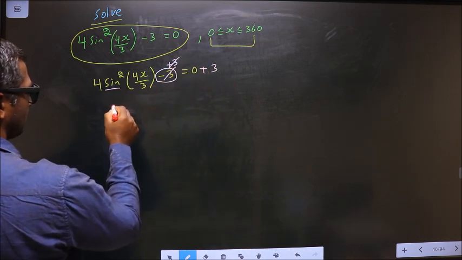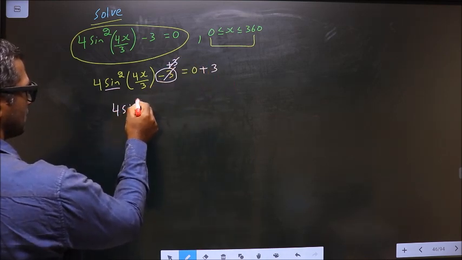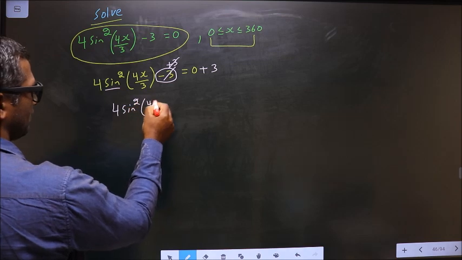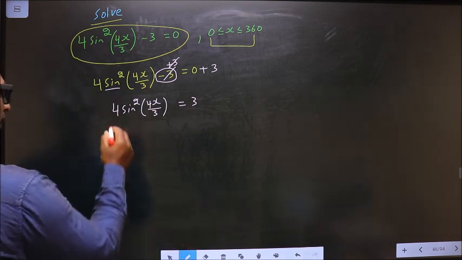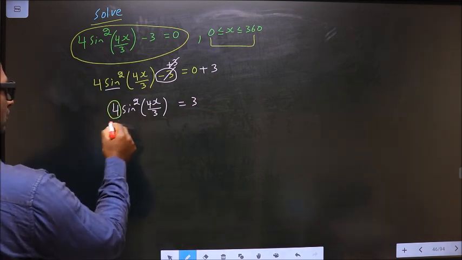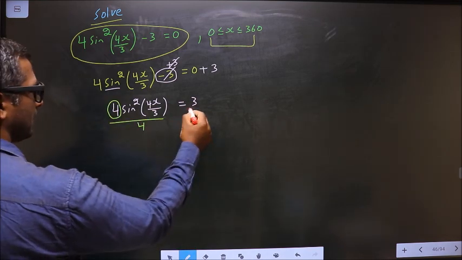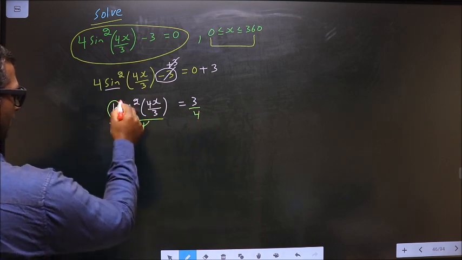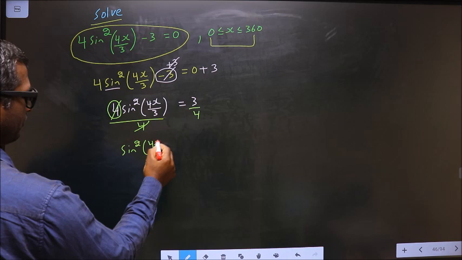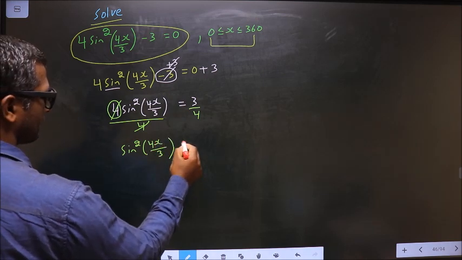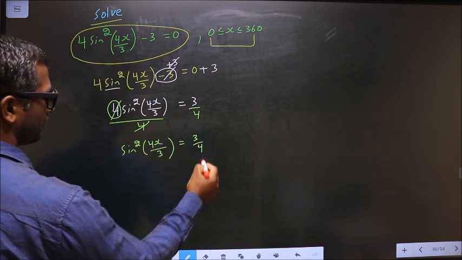So we get 4 sin²(4x/3) = 3. Now to remove 4, you divide by 4. We get sin²(4x/3) = 3/4.